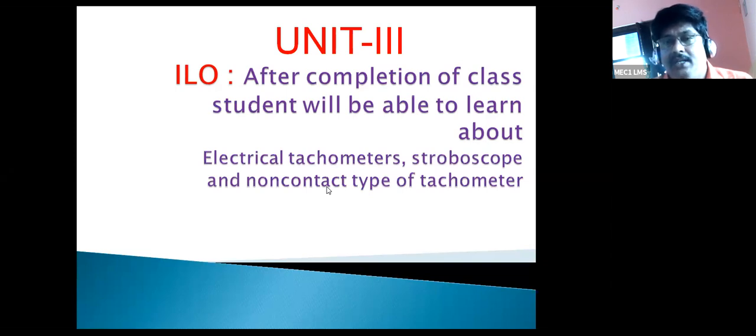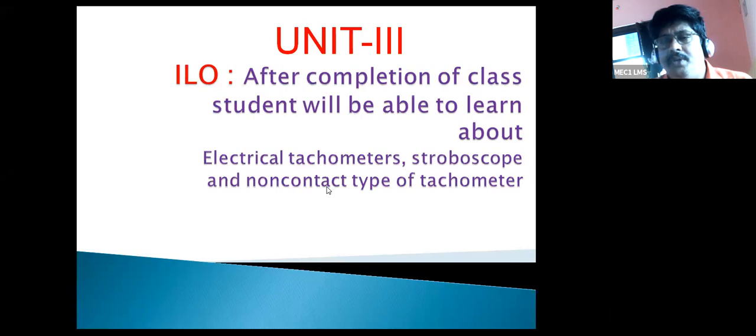In mechanical tachometers, we discussed the revolution counter and timer, tachoscope and hand indicator, and slipping clutch tachometer. So these are the four. Actually, there are another two or three, the vibrating reed tachometer and the centrifugal type tachometer. But the four are enough.